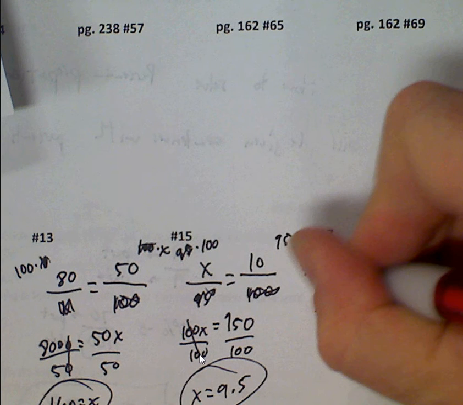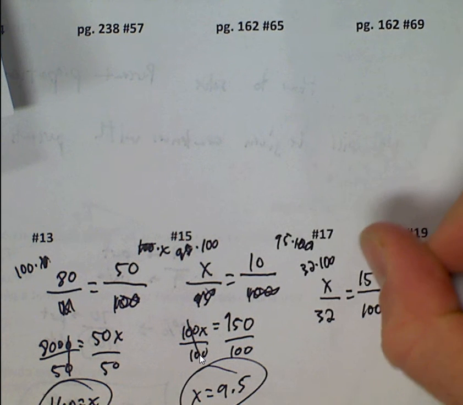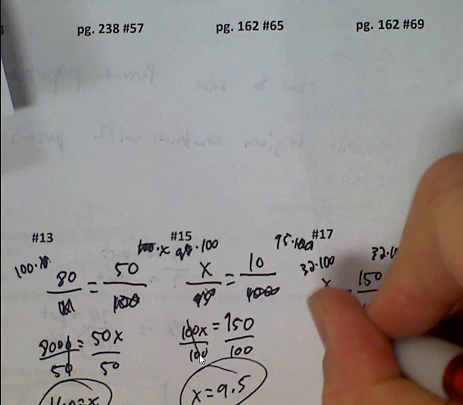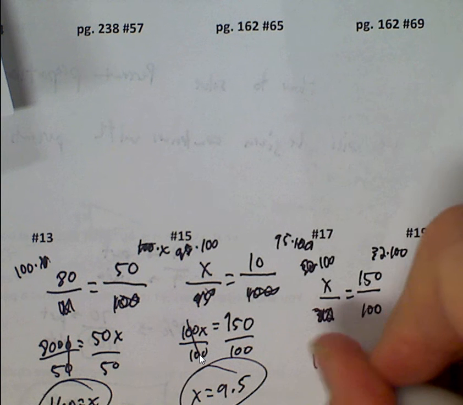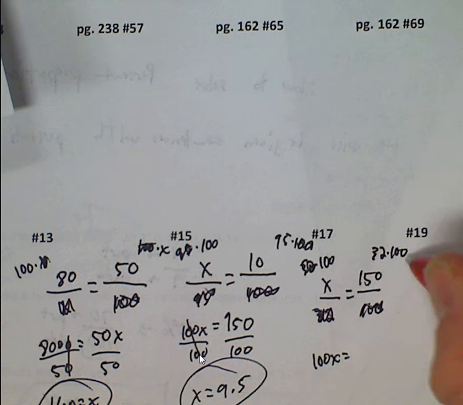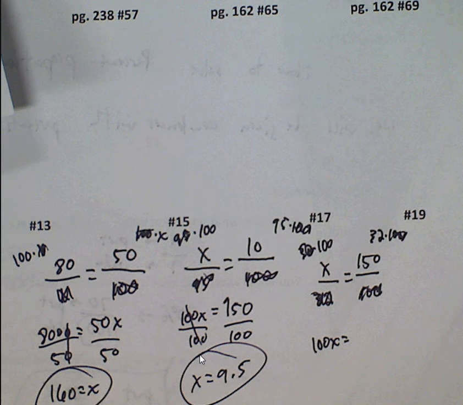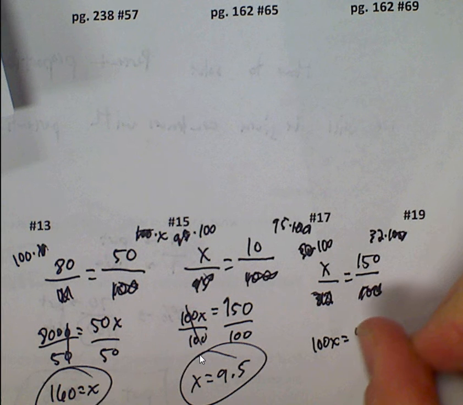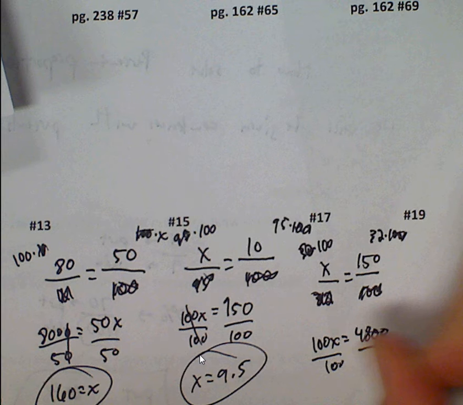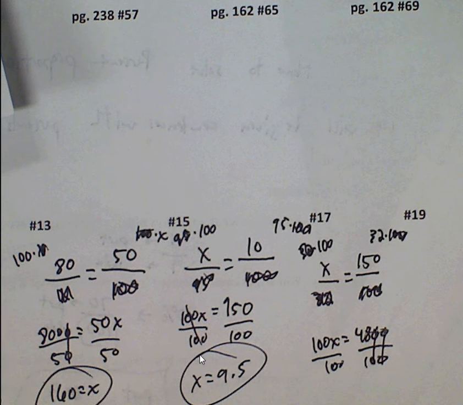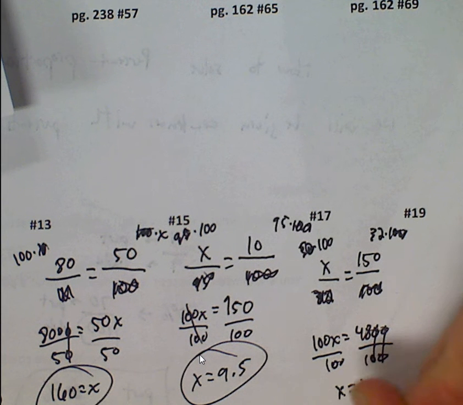I'm going to multiply both sides by 32 and 100. My 32 goes away, so I'm left with 100x. My 100 goes away, so I'm left with 32 times 150. 32 times 150 gives me 4,800. If I divide by 100, my zeros go away, so x has to be 48.